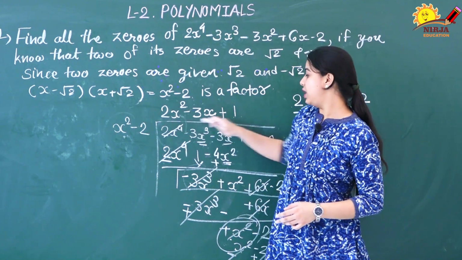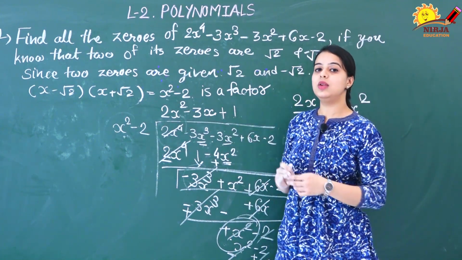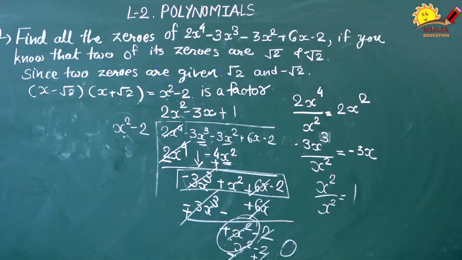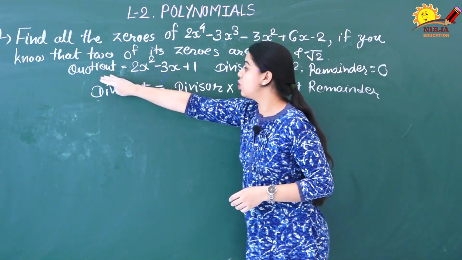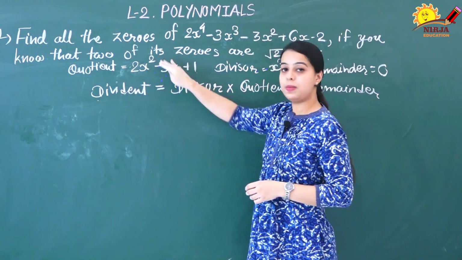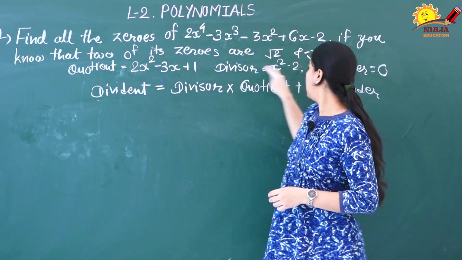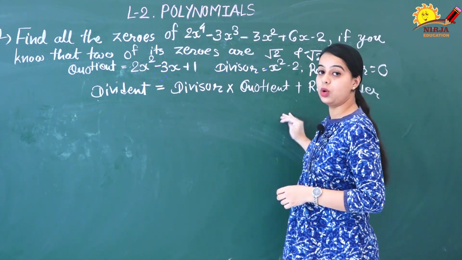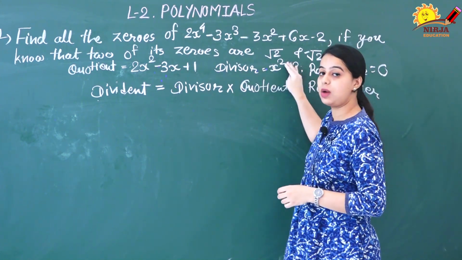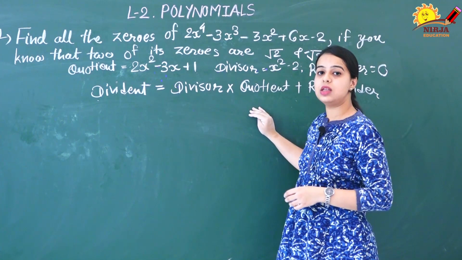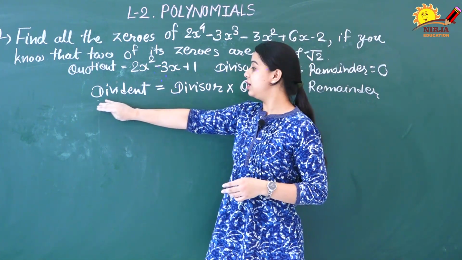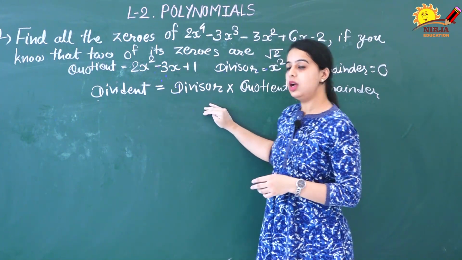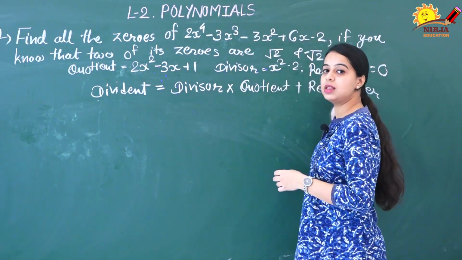Now let's verify this with our division algorithm. By division we got the quotient 2x square minus 3x plus 1, the remainder 0, and our divisor was x square minus 2. The division algorithm for polynomials states that dividend is equal to divisor multiplied by quotient plus remainder.